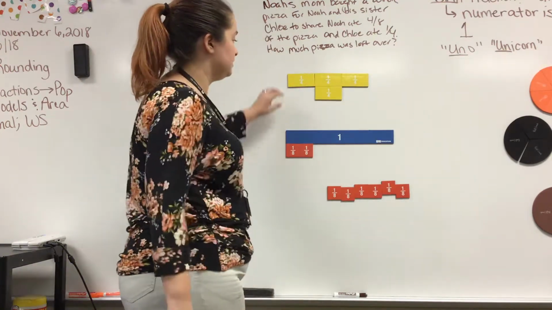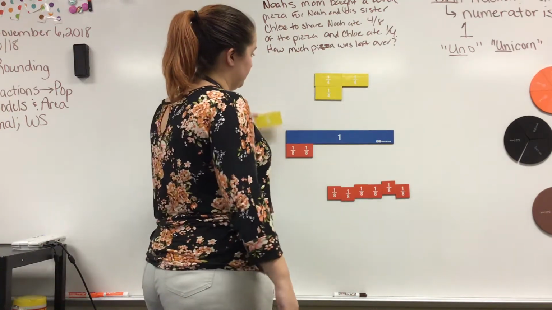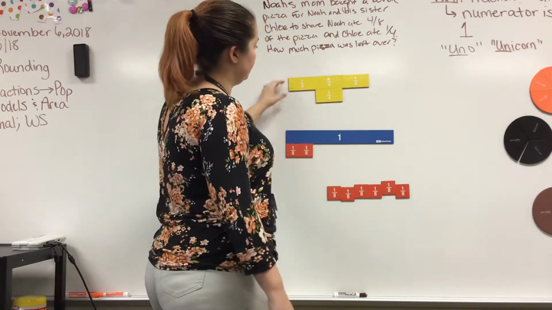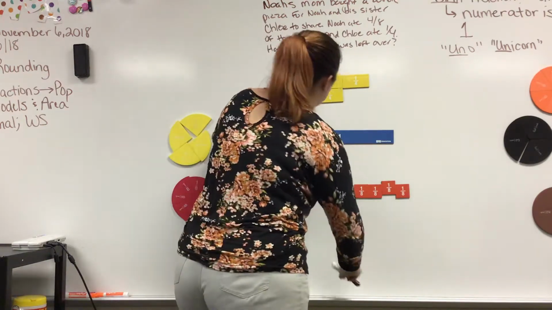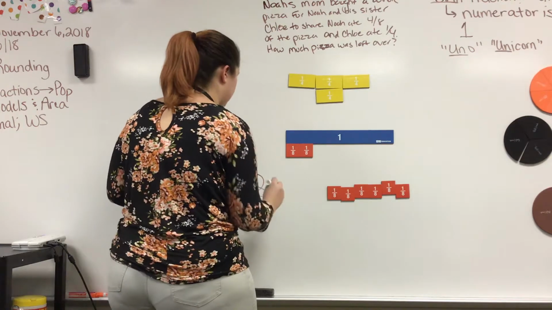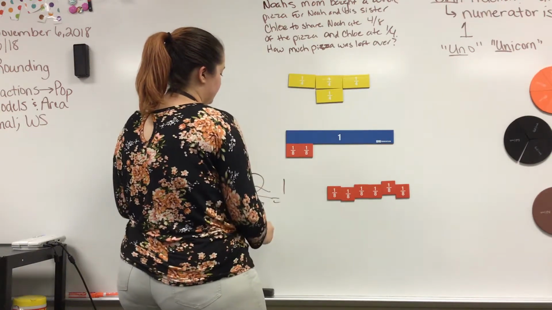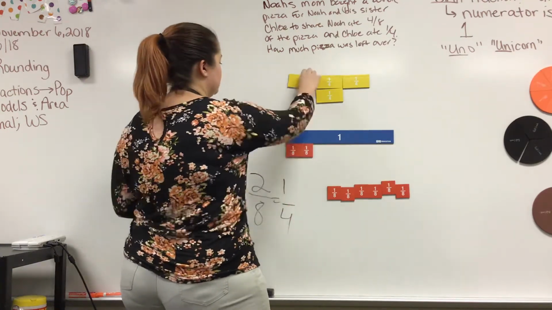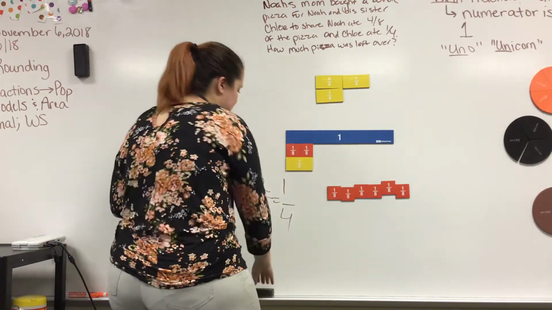So in this case, we look over, because we've done this already earlier, and we realize that it's fourths, because 2/8 can be divided by 2. So 2 divided by 2 is 1. 8 divided by 2 is 4. And I can show you here that 2/8 equals 1/4. So that's how we would simplify.